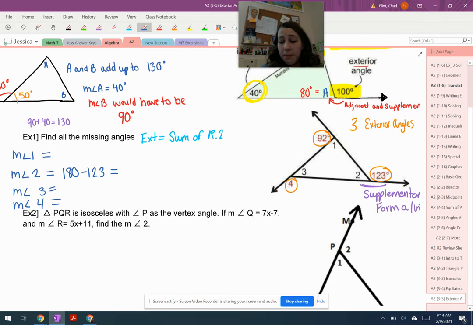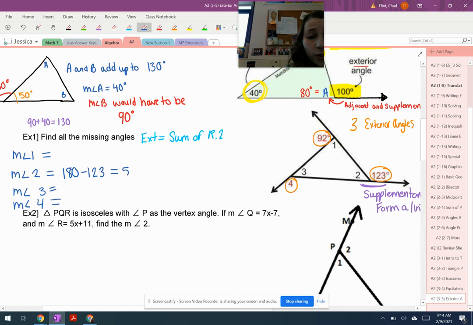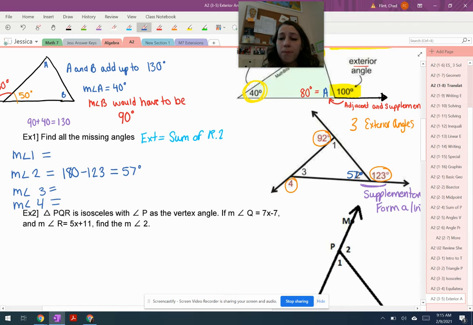So 180 minus 123 is going to give me 57. So the measure of angle 2 is 57 degrees. And I'm going to put that right into my diagram. Actually, let's back it up so it's not covering that.